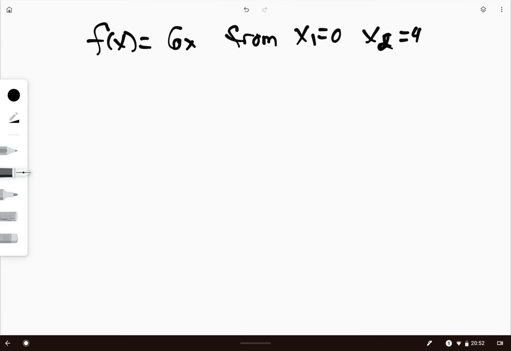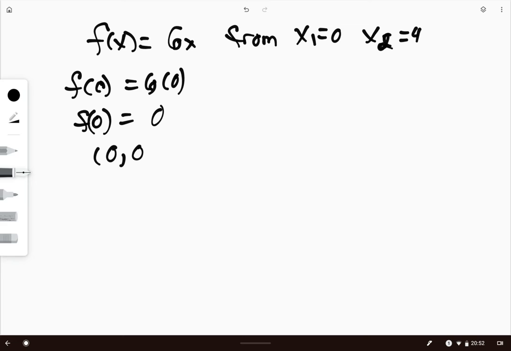All right, so let's start with the f of 0 again is going to equal 6 times 0. So the f of 0 equals 0. So my ordered pair here again is 0, 0. So here's x1 and y1.